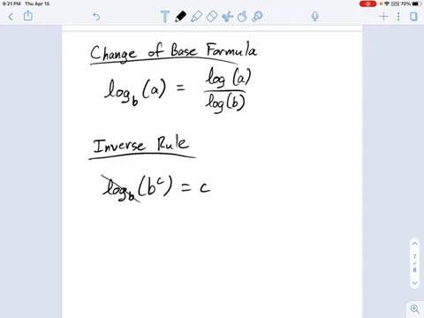It's not exactly what's going on, but it's a decent enough way to remember it. And likewise, if I have a logarithm, log base b of a, and I put that inside an exponential, b raised to the power of the logarithm, then, just like before, the exponent and the logarithm cancel each other out. So you can think of it as if that b and the log b are canceling out, and you just have the a left.